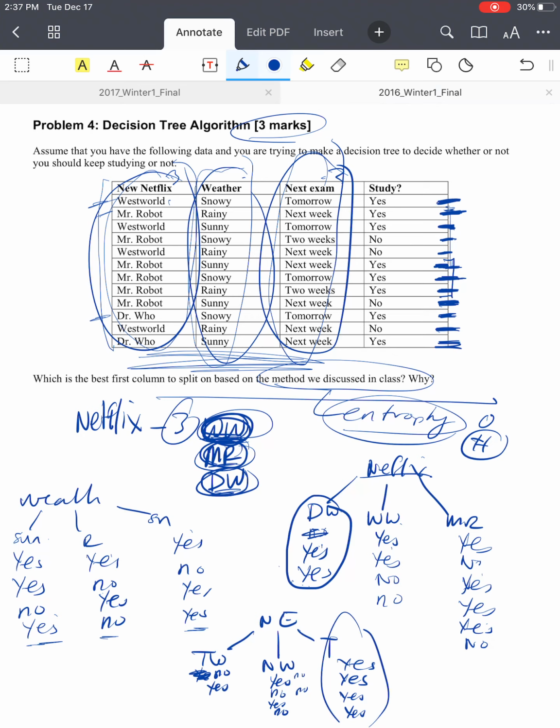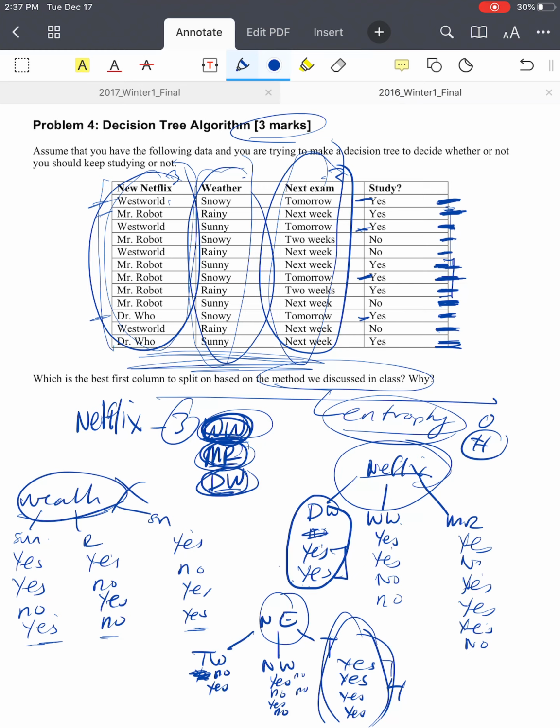Ooh, okay. So tomorrow looks like, let's just check that. Tomorrow is a yes. Tomorrow is a yes. Tomorrow is a yes. Tomorrow is a yes. So I got 4 yeses here. So this one has all the same answers. So based on these two, weather does not look like it's going to be the answer. So I'm down to Netflix and next exam.